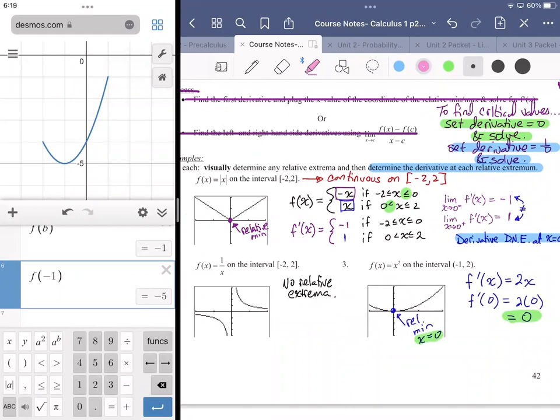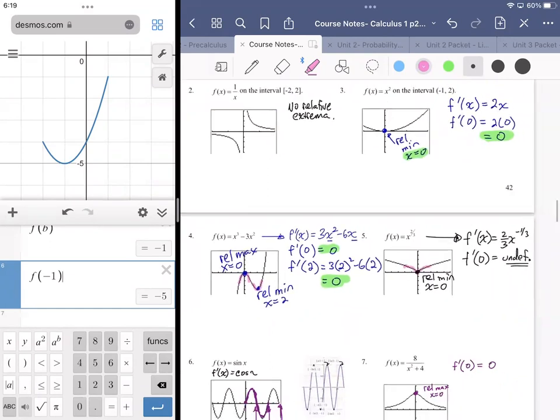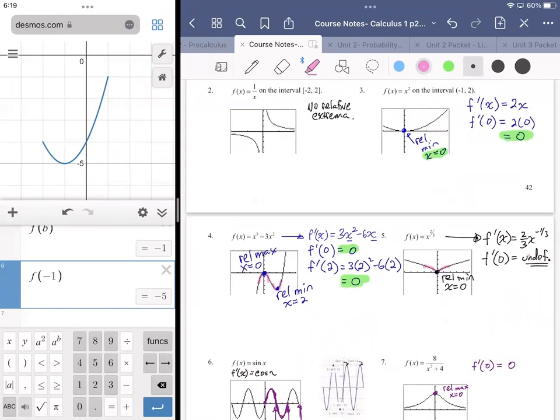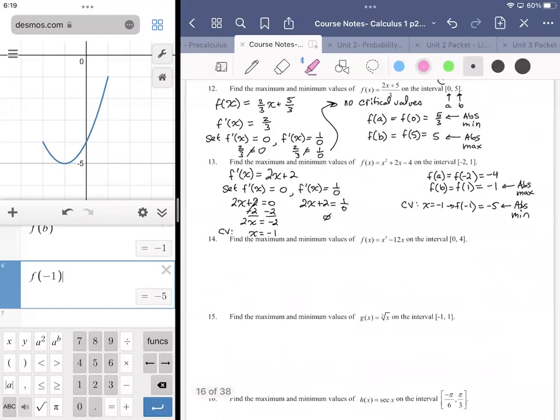We look at whatever the critical value is, knowing that that's most likely going to be a turning point. We can use that to evaluate. In every single case here, we had a turning point corresponding with either 0 or undefined. So if we wanted to go the other way, we just look for instances in which the derivative is either 0 or undefined, and that checks out. Good question.